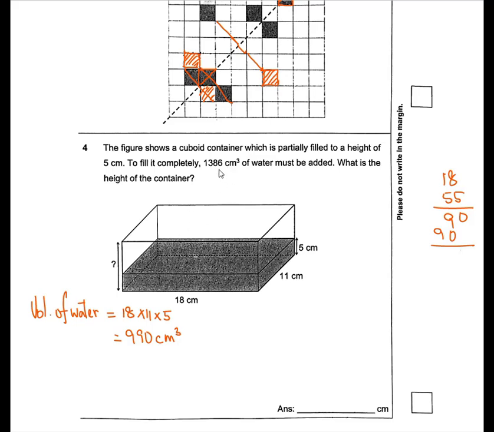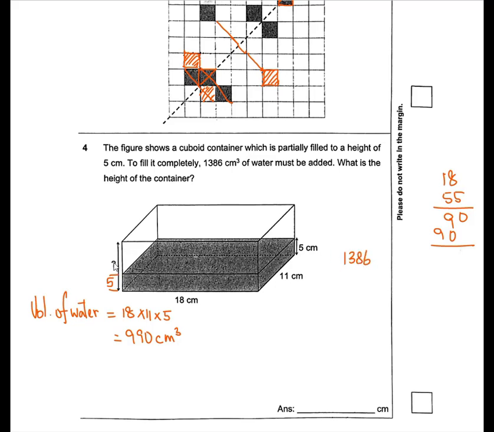But again, remember, there's one way of looking at it. Your base length and width are never going to change. So this is already 5 that you know here. We just need to figure out what this is. And to find this, we don't even have to find the volume of water. I could have straight said, 1386, because how did you get 1386?